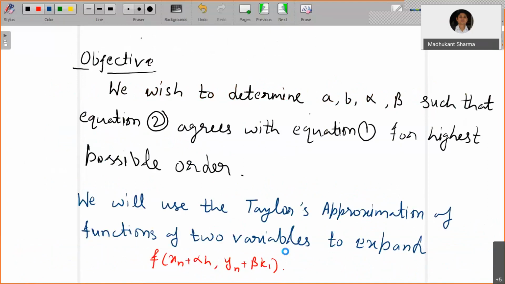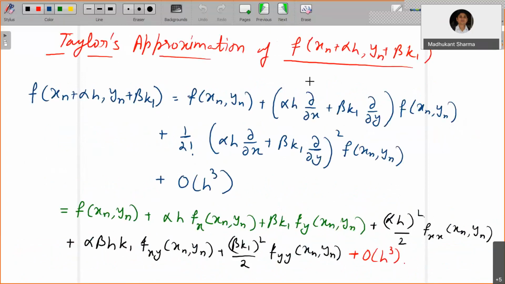It is given by f at xn comma yn plus h times ∂/∂x plus k times ∂/∂y, where h is alpha h and k is beta k1 here, plus 1 by 2 factorial the square of this term at xn comma yn, plus O of h cube. We stop after the second term because we want an RK method of order 2, so we are not going beyond h cube.